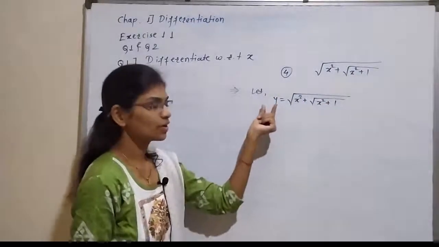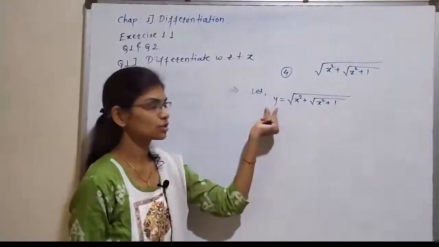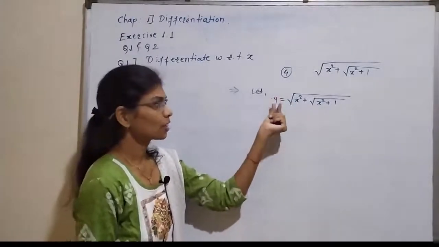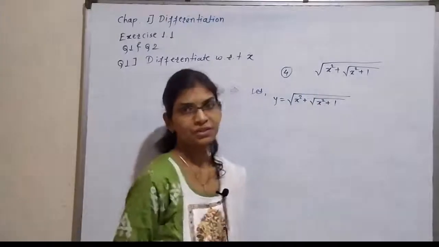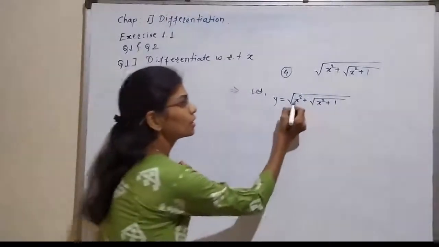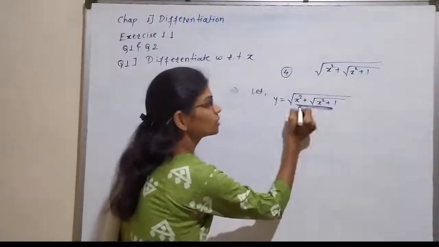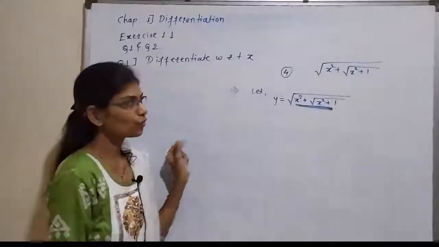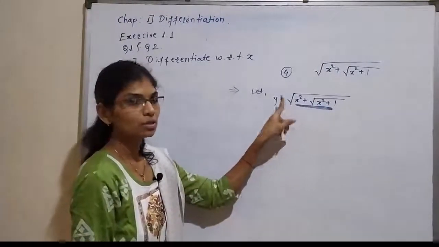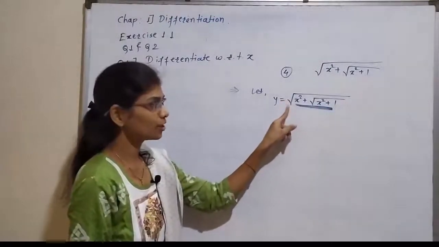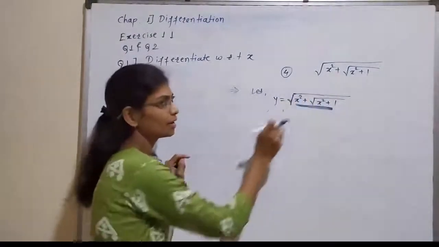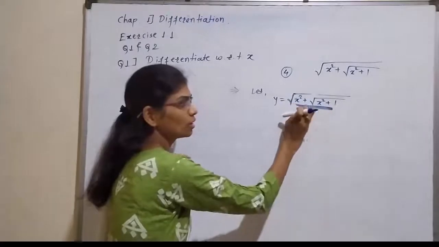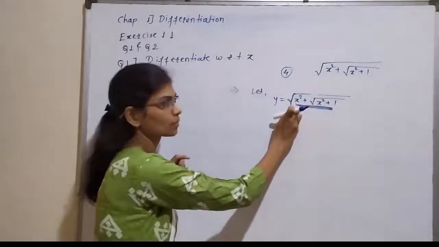First step is that we consider the whole function equal to y. Y is equal to square root of x square plus x into square root of x square plus 1. That is the main function, which is in the form of a square root. So first of all take the derivative for this square root, then take the derivative for the whole function.